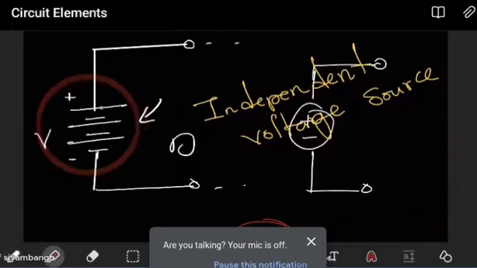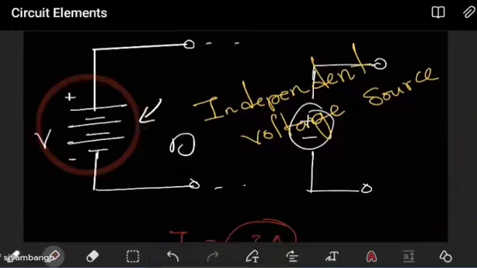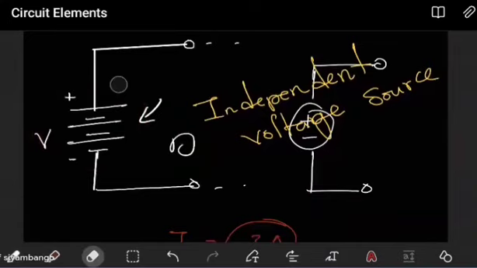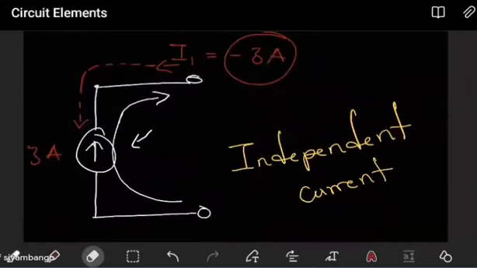What we're trying to say there is that it produces voltage on its own without really needing something else to provoke it or to really switch it on. It supplies on its own. Immediately you connect it to a circuit, it will supply voltage to that circuit. The same applies to this current source. Once you connect it to somewhere where current is needed, it is going to supply current to that line.